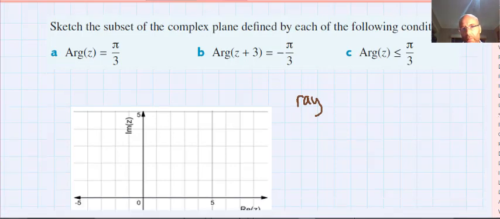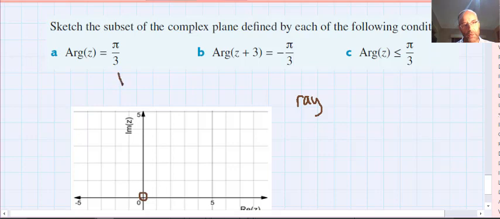Now we'll see if these rays have the starting point, and in this case it's going to be at the origin, the starting point is not included because it's all points that make an angle. In this case the angle is going to be pi on 3. Okay, so it has to be a point from the starting point so that it creates an angle, and the starting point itself is not from the starting point, it's on the starting point, so we always have an open end to it.